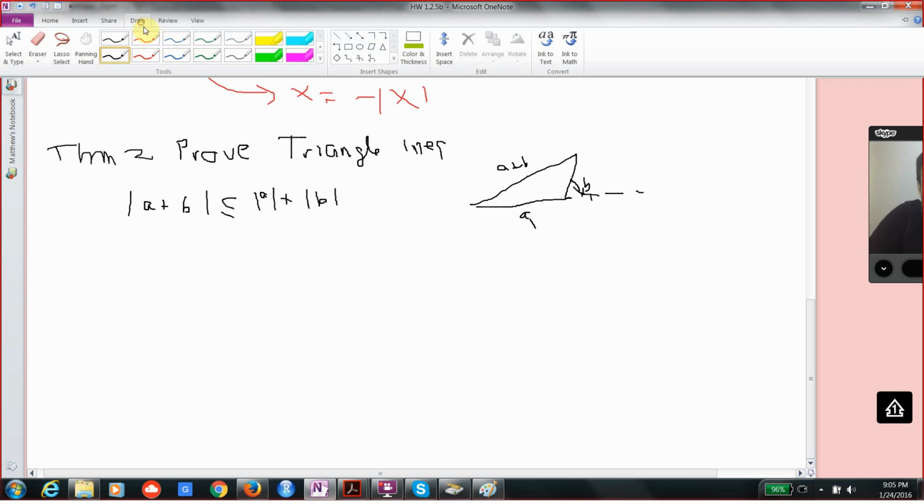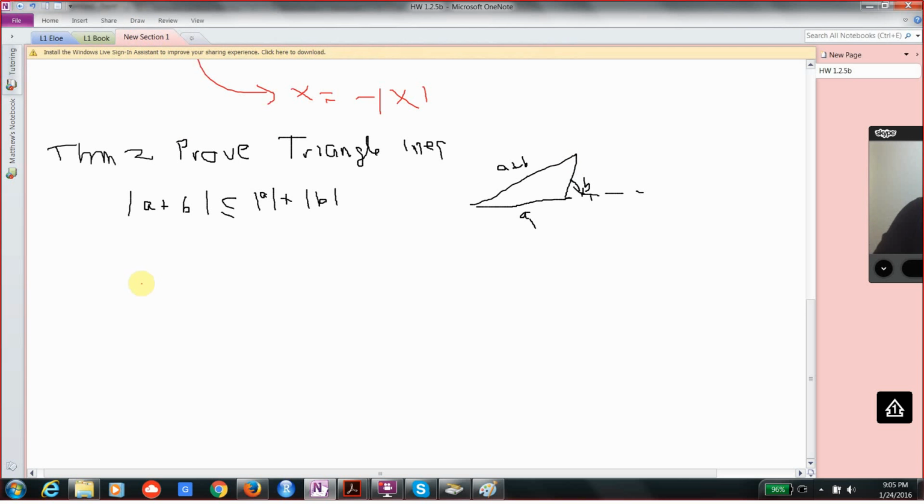So here's the proof. Here's what we know from last time. We know that minus the absolute value of A is less than or equal to A is less than or equal to the absolute value of A. We just proved that.